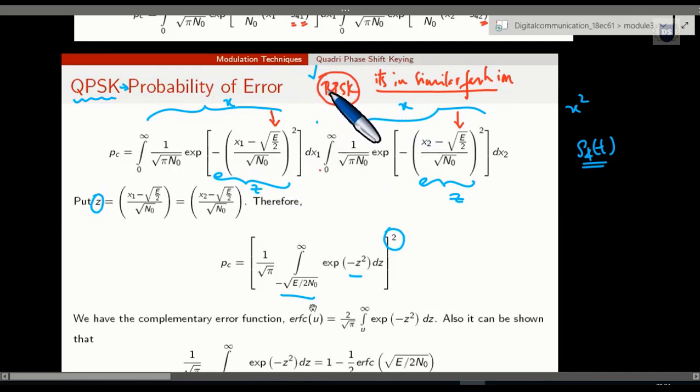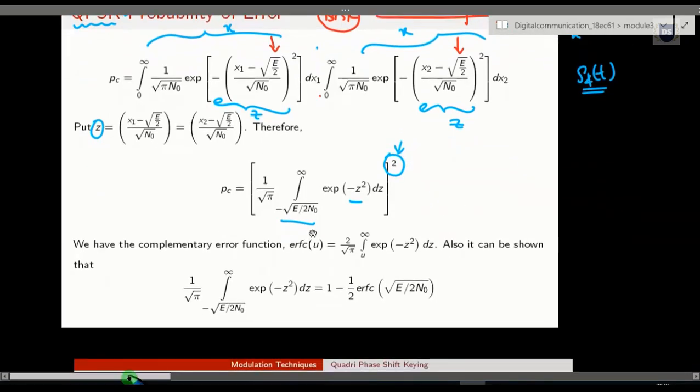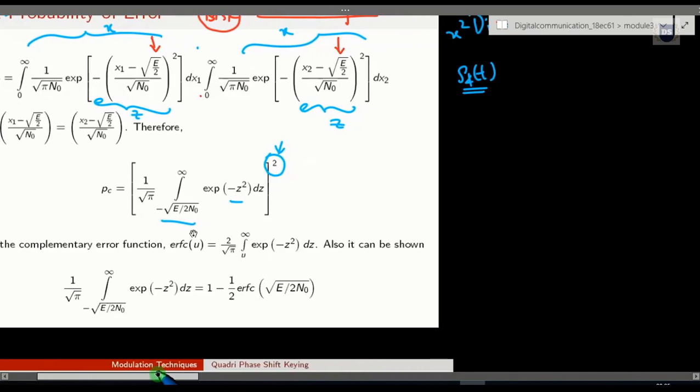Here we are following the same drill, but we are doing it for a dibit, because two bits are involved for every symbol in the QPSK scheme, and we are assuming both of these to be equal to z. So in fact, I'll get this whole square. This is where we had stopped in our previous class.